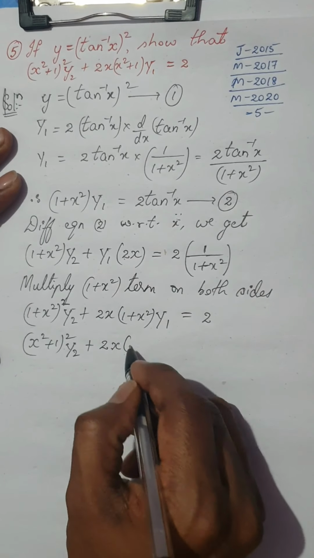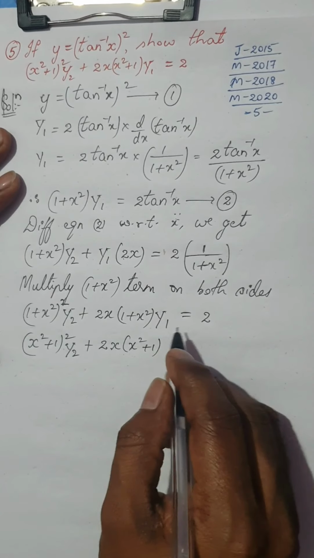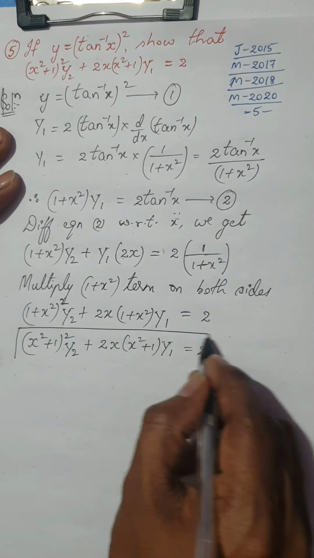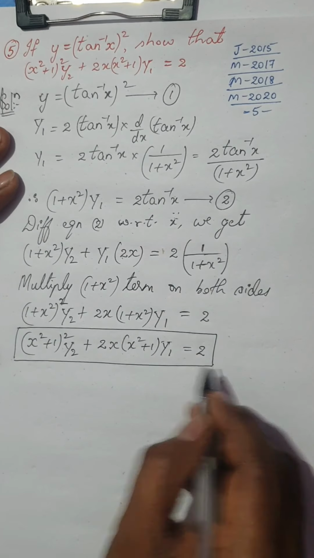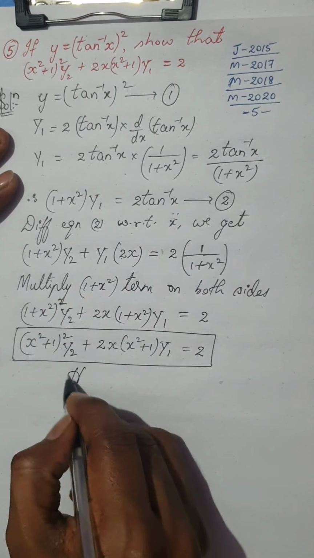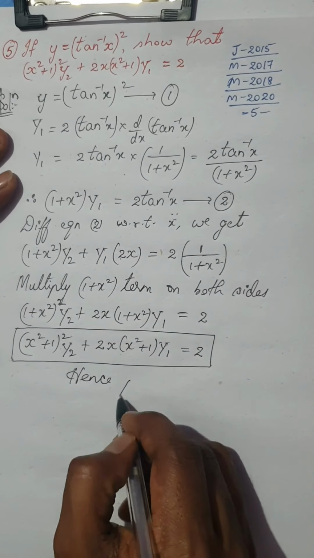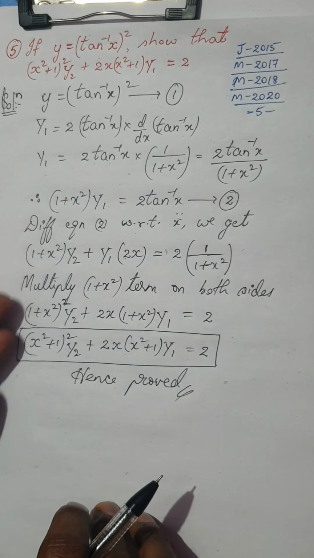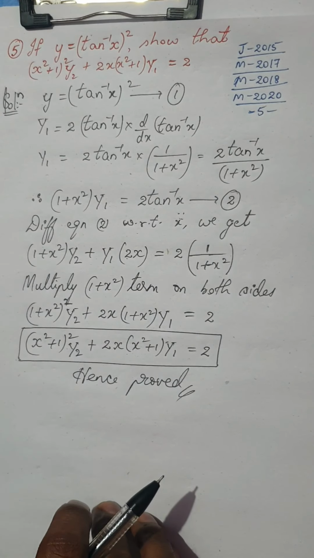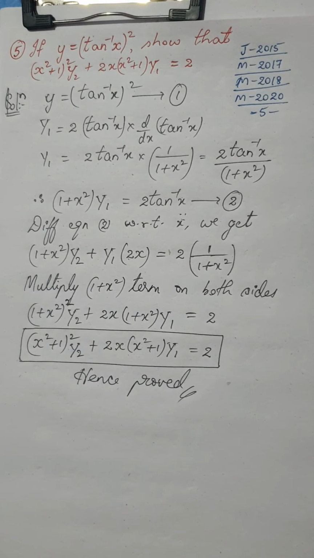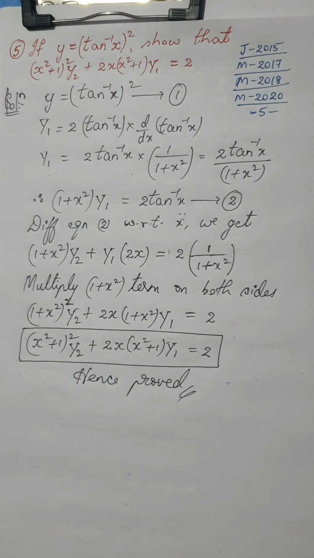So 2x into x square plus 1 into y1, this will be nothing but 2. So this was my required result. I proved it, so I can just say hence proved. Just by 2 or 3 working steps, I can easily get 5 marks here. Please students, practice these sums carefully so that you can easily get 5 marks in this topic.